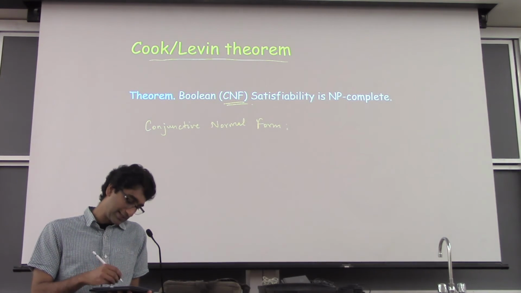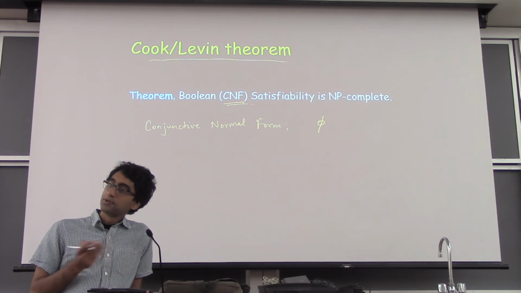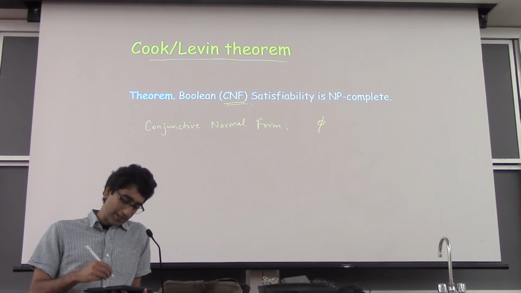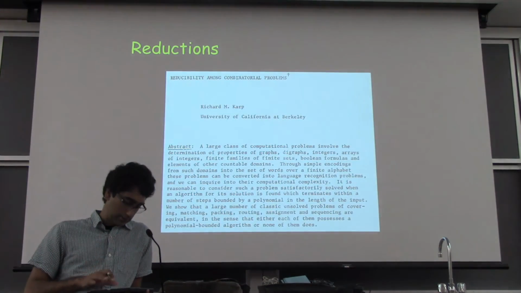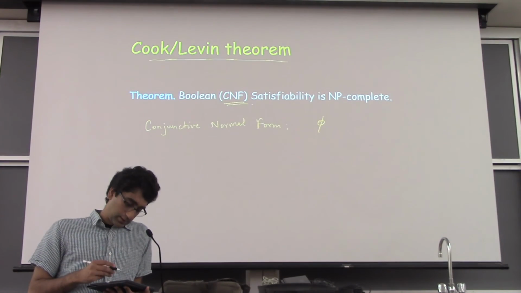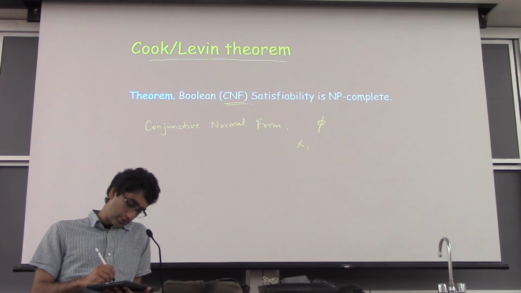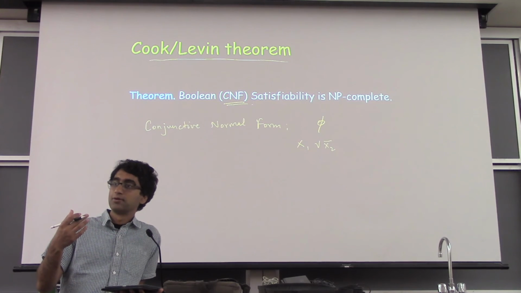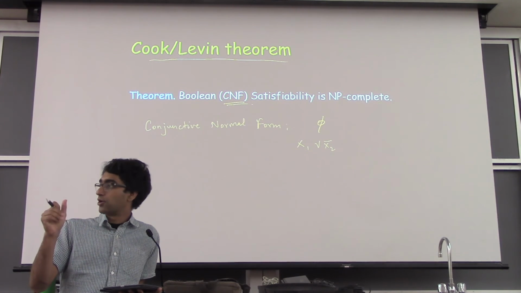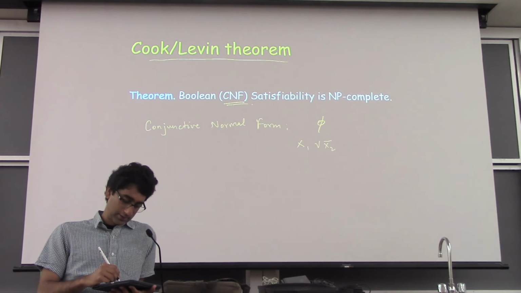So how do you write a satisfiability formula? Suppose I have some formula phi in n variables. It has some n variables, x1 or x2 bar, where x2 bar is just not x2, the logical not applied to x2, or x3 and so on.